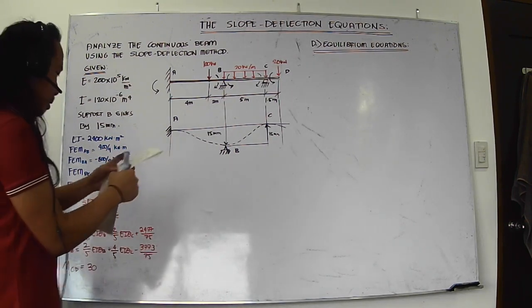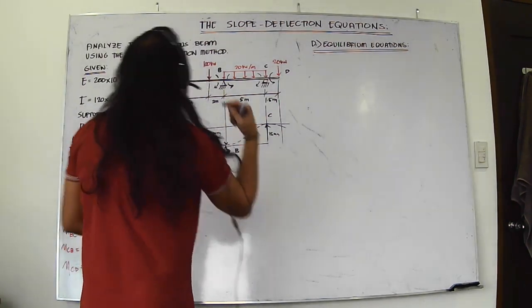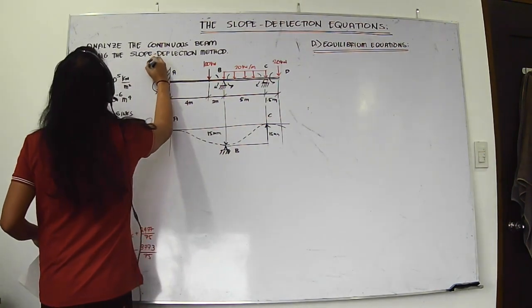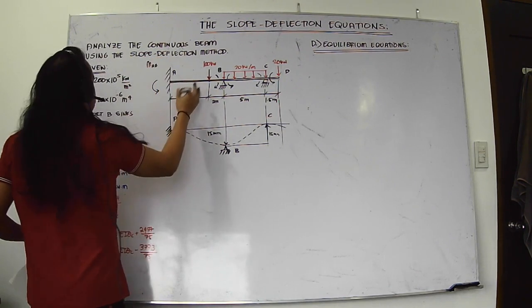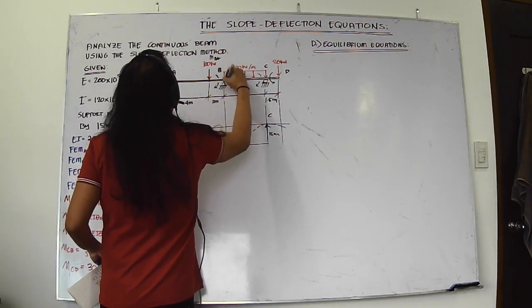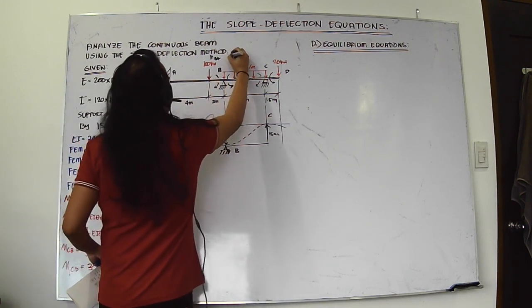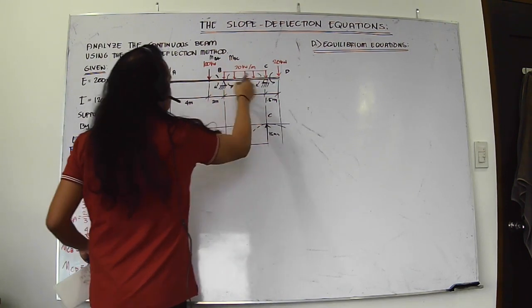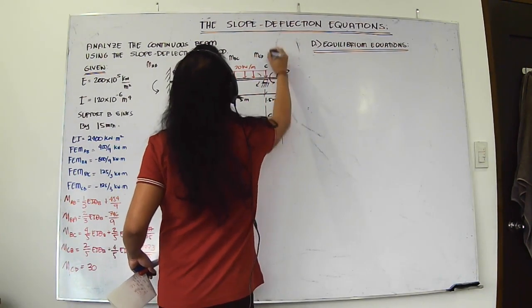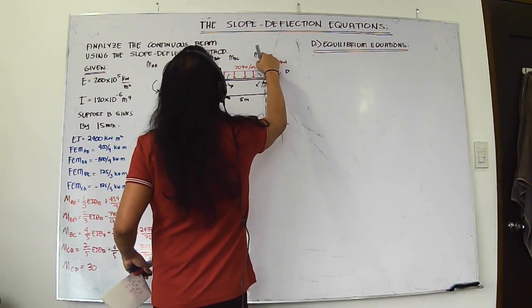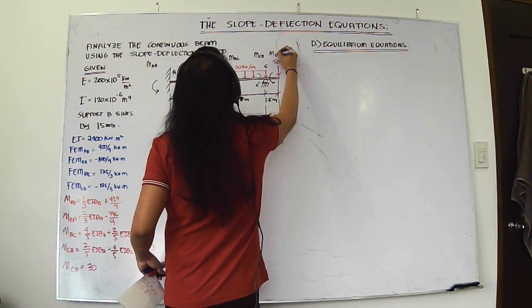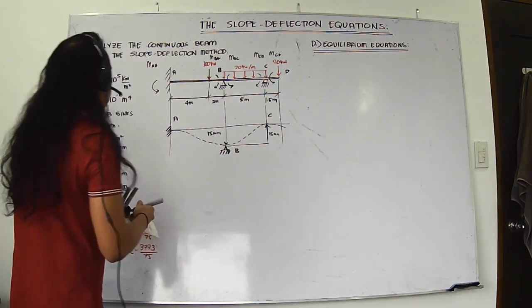Equilibrium equations are easier to understand. This is MAB, this is MBA, then MBC, then MCB, then MCD.